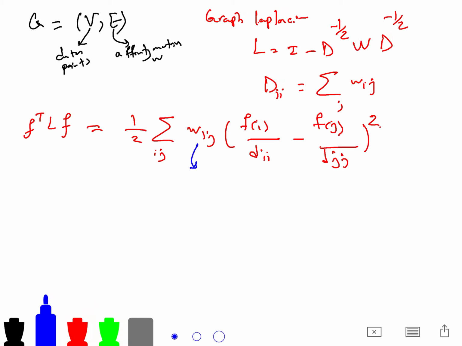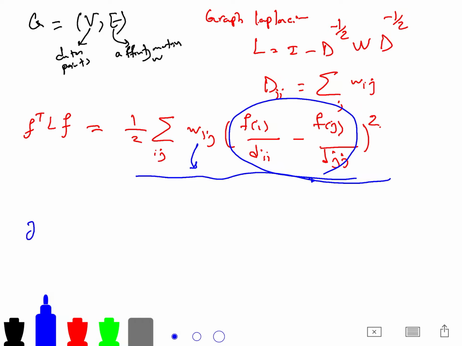If two points have great affinity or similarity, then they should have similar values, and this demonstrates how we should penalize different terms. Of course, this has a trivial solution. But if we add the labeled or supervised section of that, then it becomes a non-trivial solution.